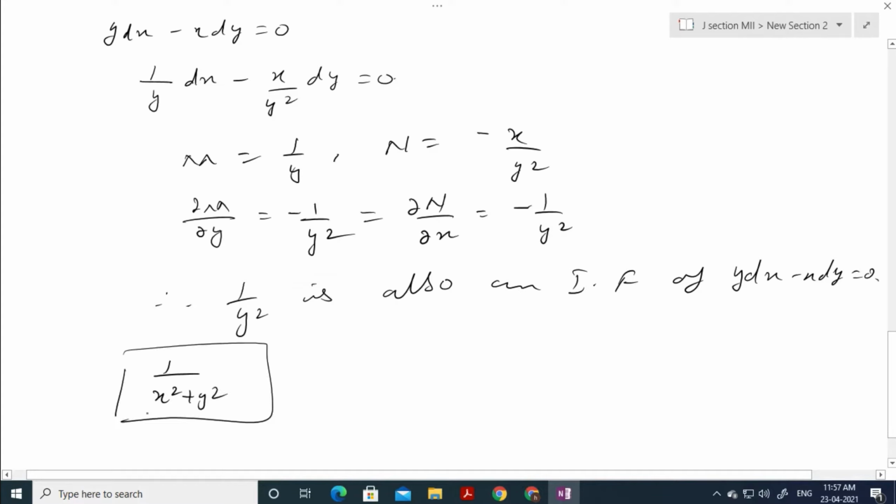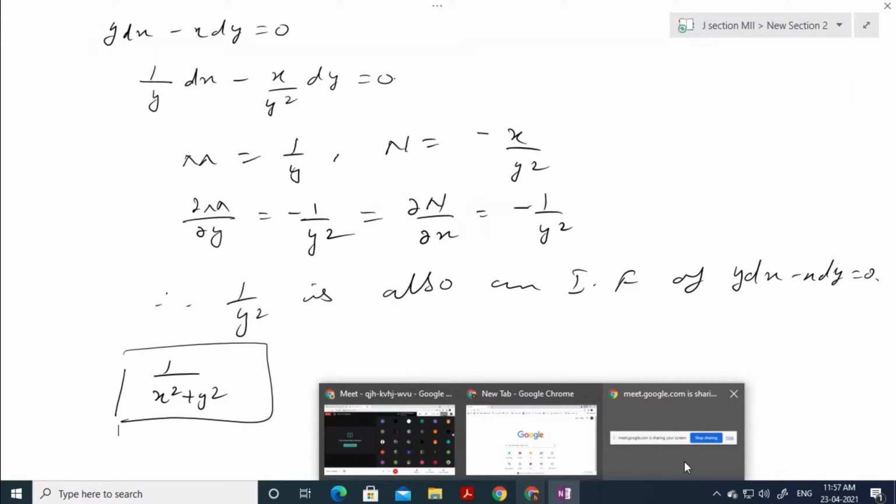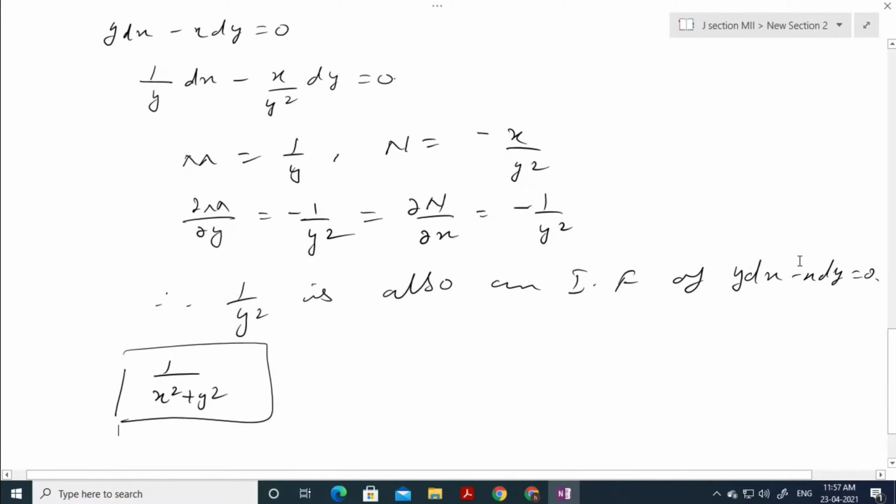Try multiplying with this and check whether it is exact or not. Does it become exact after multiplying by 1 by x square plus y square?